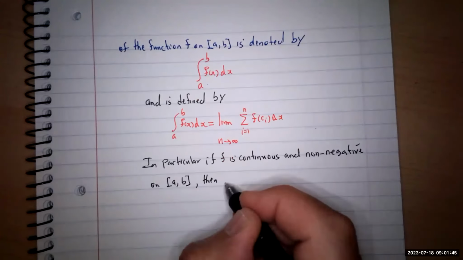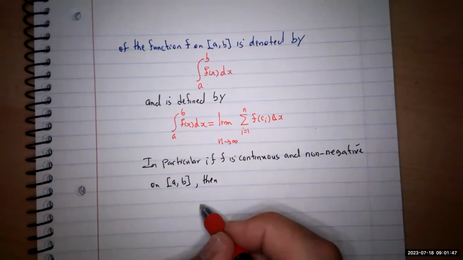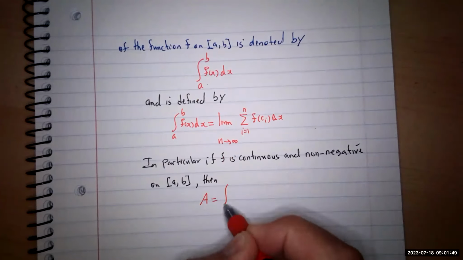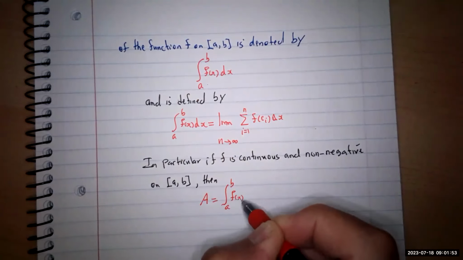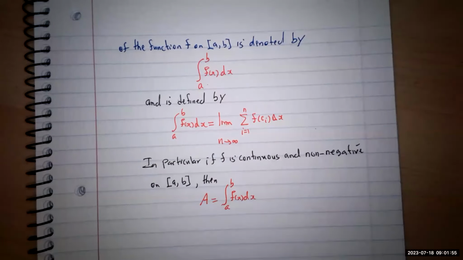Then the area under the curve is equal to the integral from a to b of f of x dx, which is simply the area.